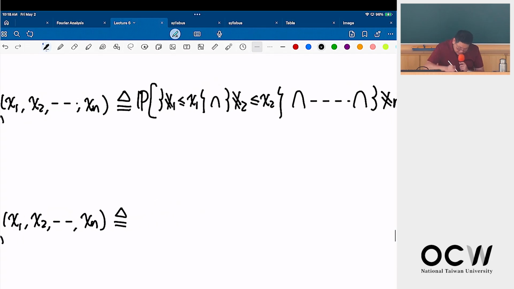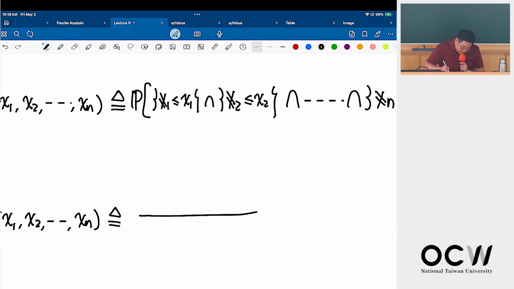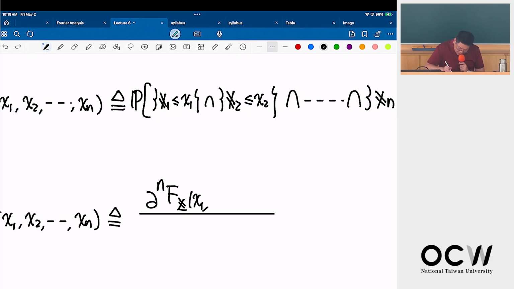This is the n-th partial derivative of the CDF: partial x1, partial x2, to partial xn.